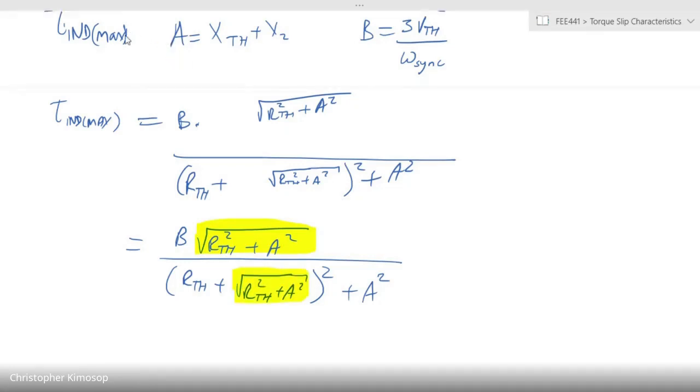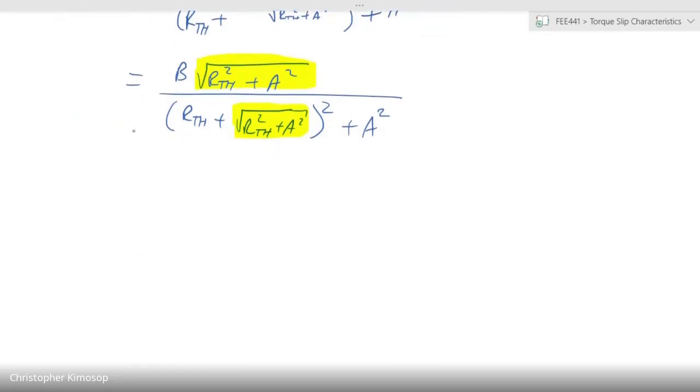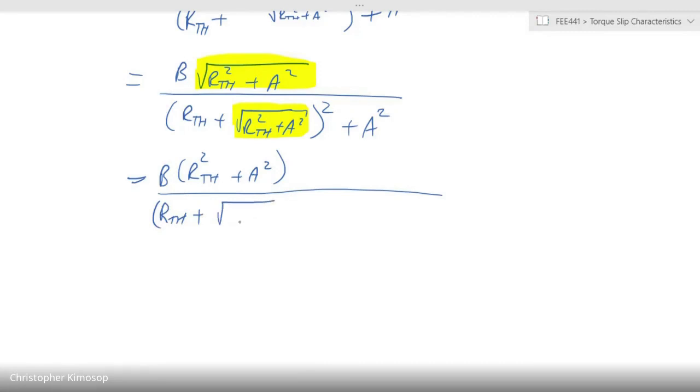And when we do that, we then get B times, when you multiply this by itself, you remove the square root, so it then becomes that over, plus, times that square root that we had talked about.